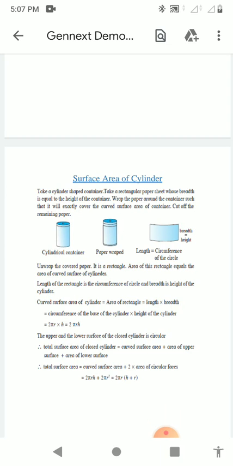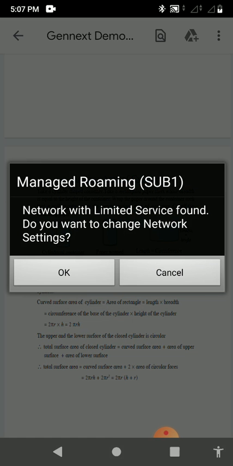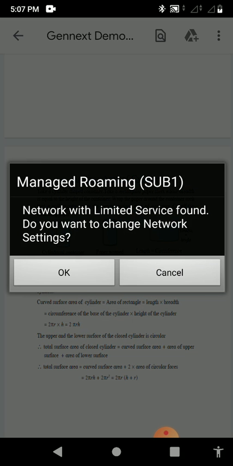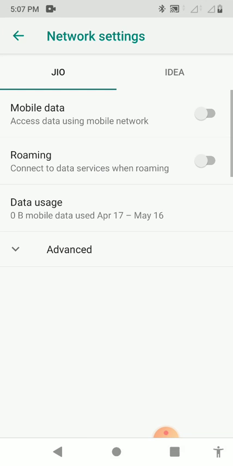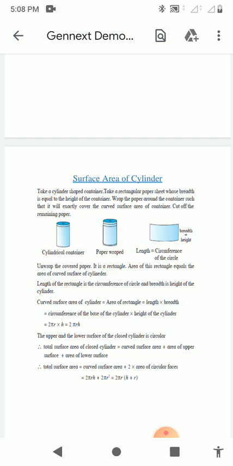So how to calculate the curved surface area. In the last lecture we did a simple activity. We took one cylindrical container, wrapped one rectangular paper over it, cut the extra paper and unwrapped the paper.